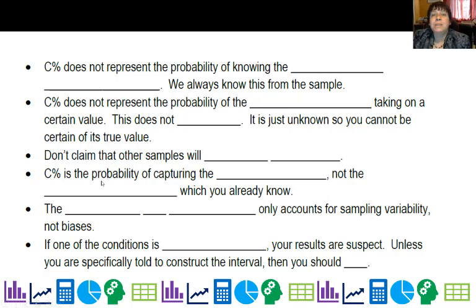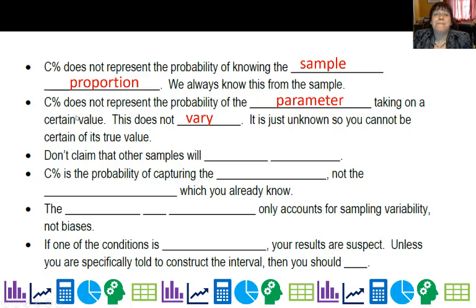So again, some things to keep in mind when interpreting confidence intervals and confidence levels. C% does not represent the probability of knowing the sample proportion. We always know what the sample proportion is when we take it from the sample. That's your p hat. So that's for sure. You measured that. C% does not represent the probability of the parameter taking on a certain value.